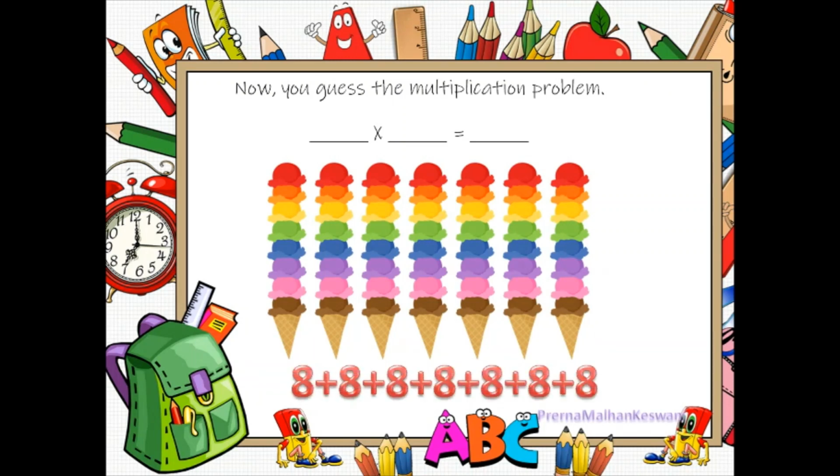That means there are 7 cones which contain 8 scoops of ice cream each. You need to add 8 seven times, or you can write it as 7 times 8, which is 56. So there are 56 scoops of ice cream in total.